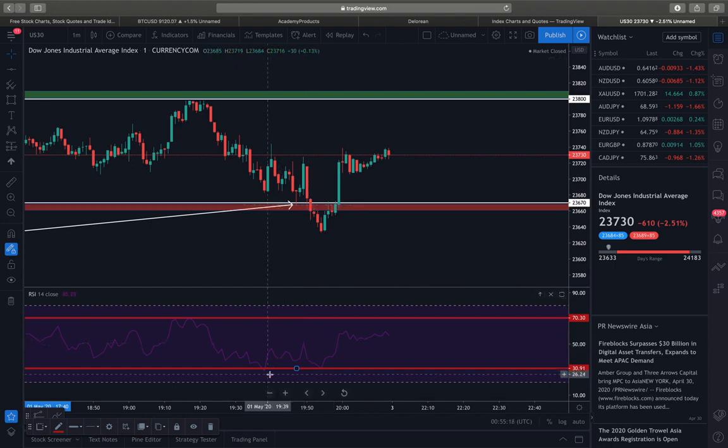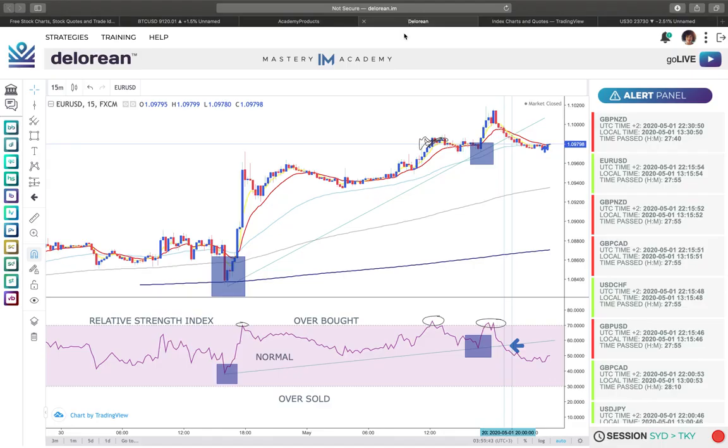And we're just using this as a safety net, a safety mechanism, if you will, to avoid making a bad decision, if it's above the 80 or below the 20, in this case on the US 30. So I gave you a couple different ways that I use this, and this is what I pay attention to when I'm trading with the RSI. Your success comes from coupling it with the rest of what you've learned.